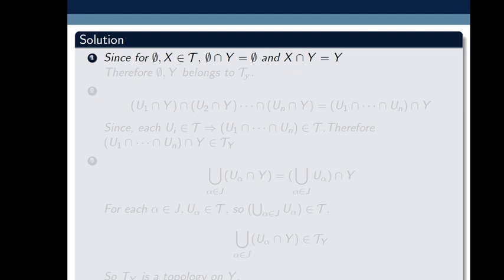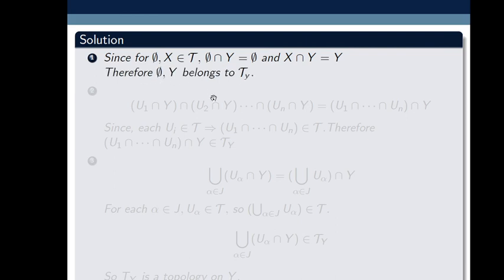The first condition: since the empty set and X belong to tau, the intersection of the empty set with Y is the empty set, and X intersection Y is equal to Y, because Y is a subset of X. So the empty set and Y belong to tau Y.